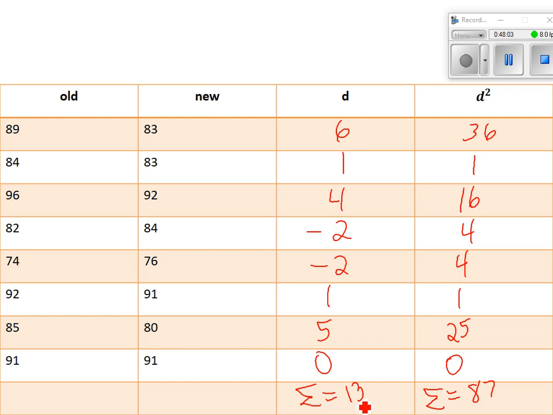So try it again. 87 minus 13 squared divided by 8, hit equals. Then hit divided by 7, hit equals. Now hit second square root and type that back in there. 3.067.